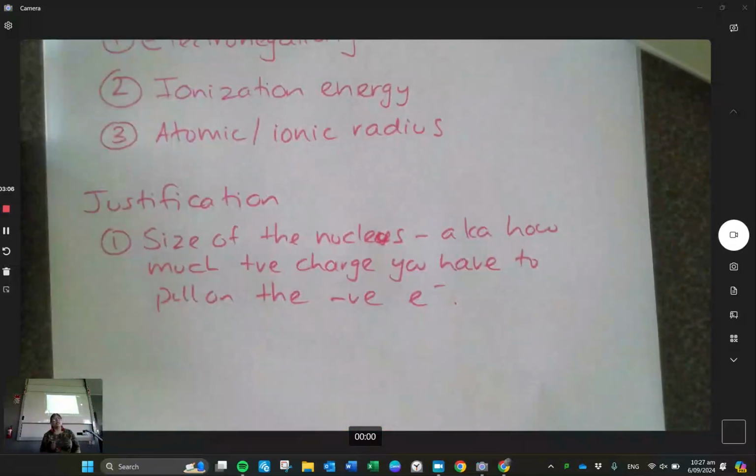So we're thinking about the size of the nucleus because that's going to affect how much positive charge we have in that core, and that's going to then influence how strong we can pull those electrons outside of us. So that's the first thing you're going to be talking about.